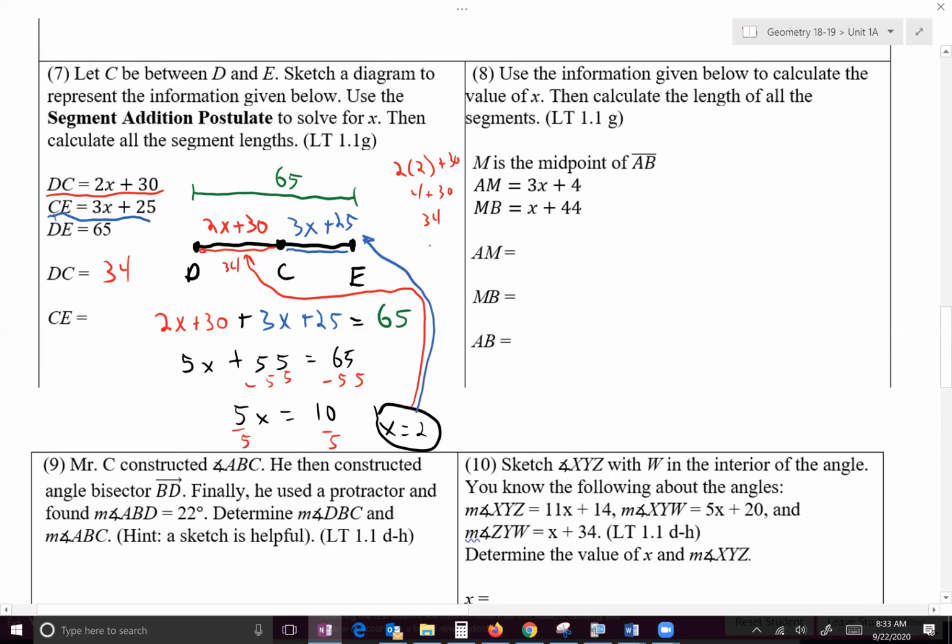So we'd have 3 times 2 plus 25. Well, that's 6 plus 25, which equals 31. Okay. And we'll just do a quick check there. What do we get when we add 34 plus 31? Well, do we get 65? Yes, we do. That means we are correct on our answers, and we can rest easy. We're going to get 100% on that problem.